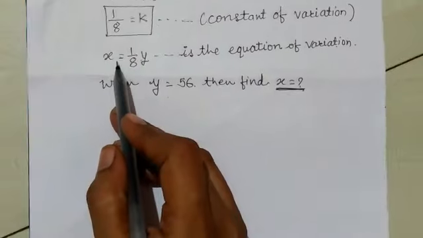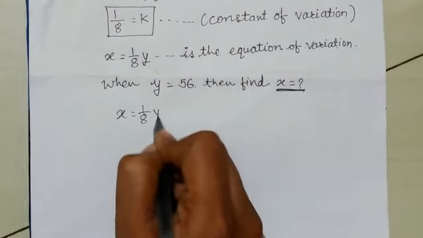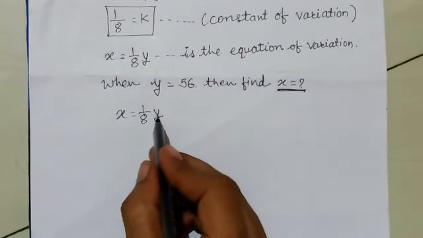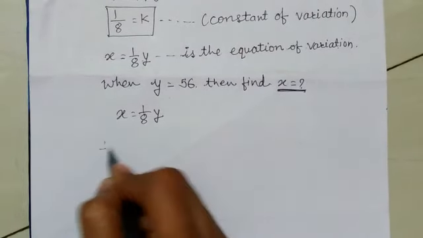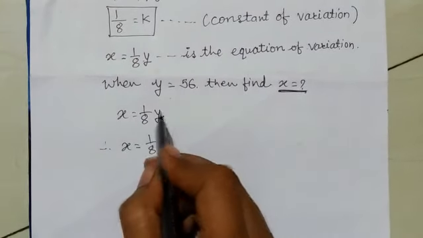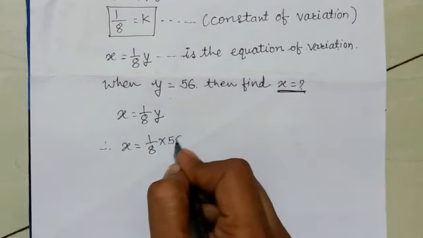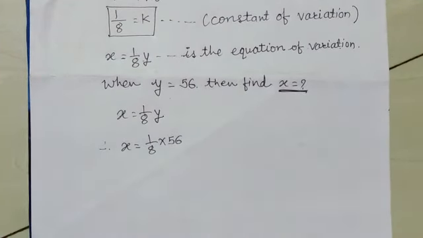As we know the equation, we are going to write here x is equal to 1 upon 8 multiplied with y. Therefore x is equal to 1 upon 8 multiplied by y. We know the cost y is 56, which we write here.